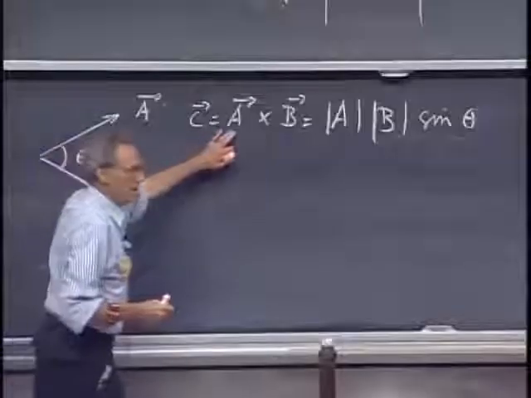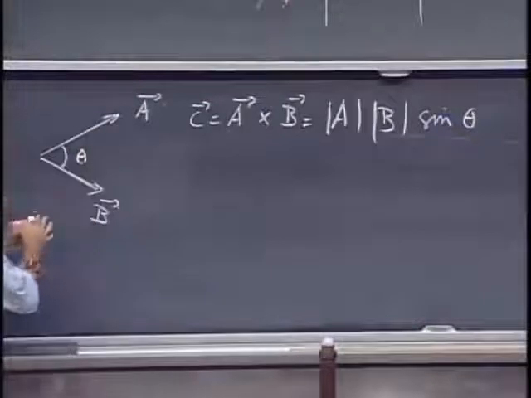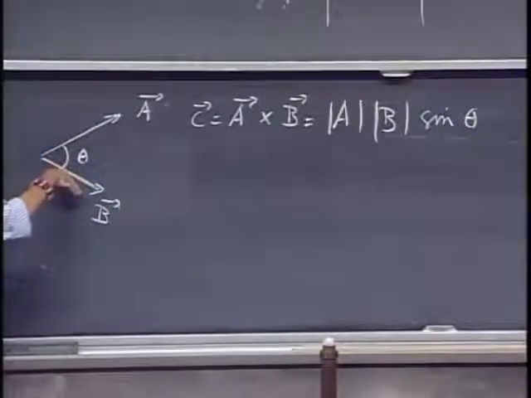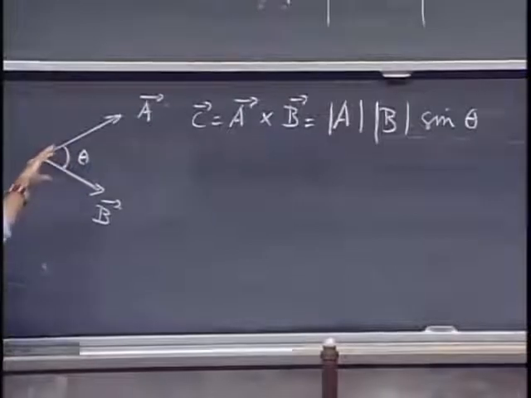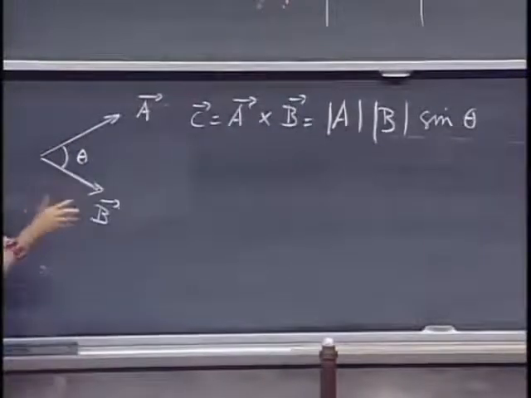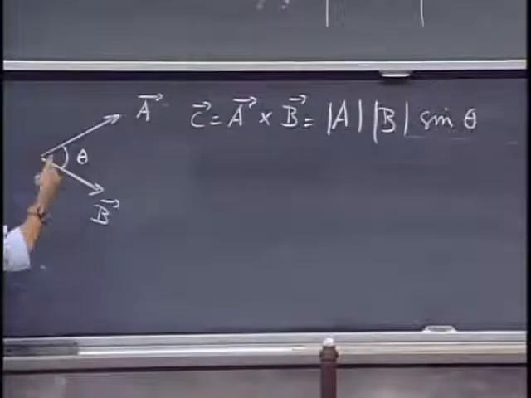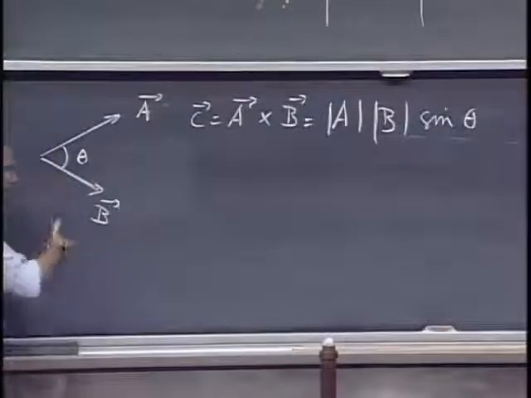You take A, because it's first mentioned, and you rotate A over the shortest possible angle to B. If you had in your hand a corkscrew, and I will show that in a minute, then you turn the corkscrew as seen from your seats clockwise, and the corkscrew would go into the blackboard.